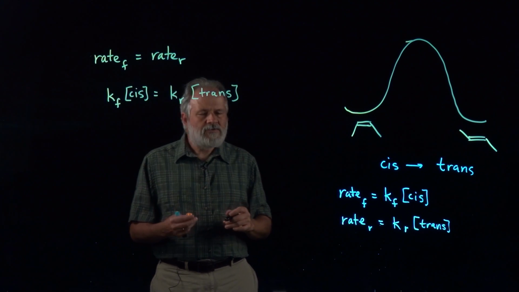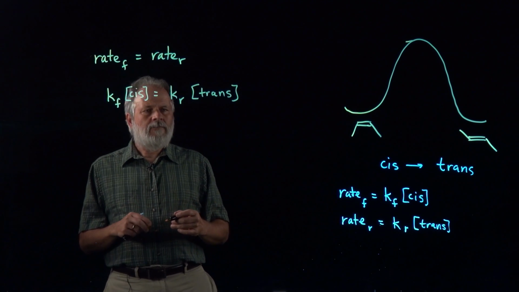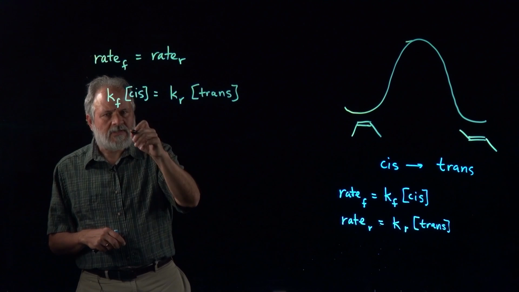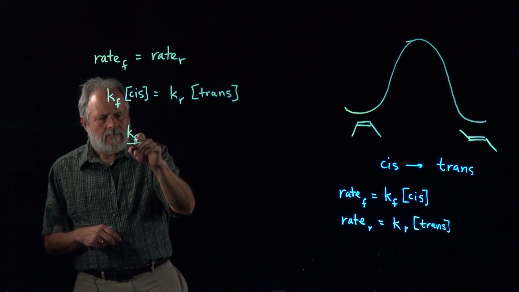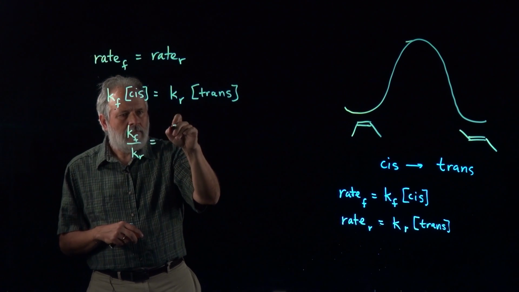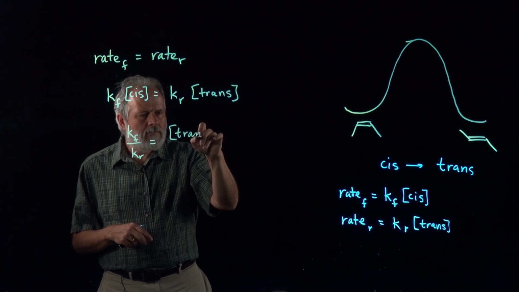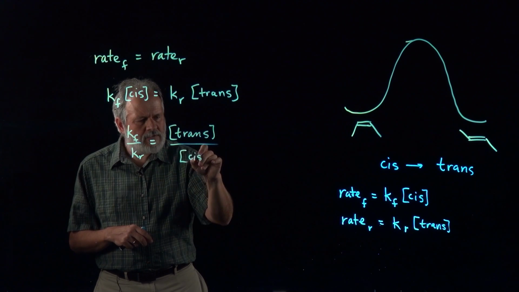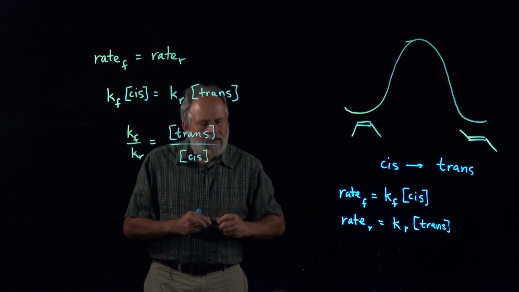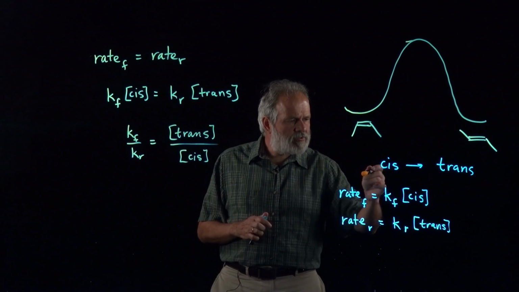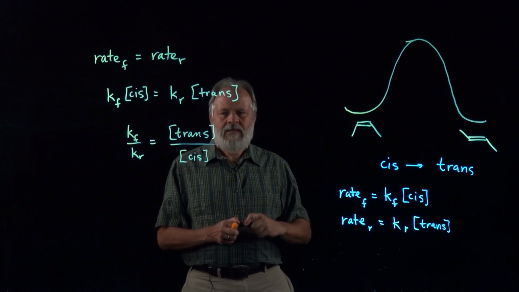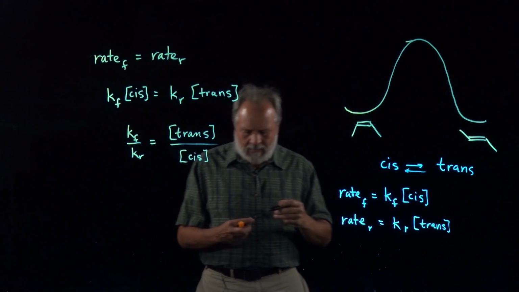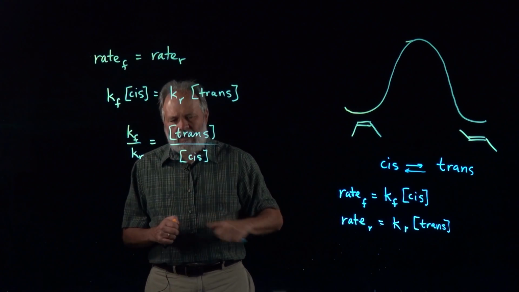And now we're going to solve for the rate constants on one side. And the convention is to solve so that the product, whatever you're writing the chemical reaction as, the product is in the numerator and the reactant concentrations are in the denominator.